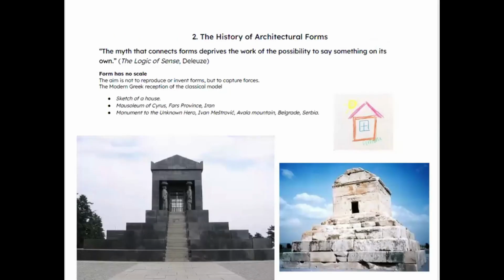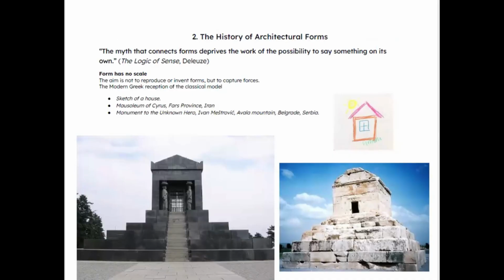So, the history of architectural forms. This is a quote from Deleuze: "The myth that connects forms deprives the work of the possibility to say something of its own." But of course, the morphology is something that can be archetypical.